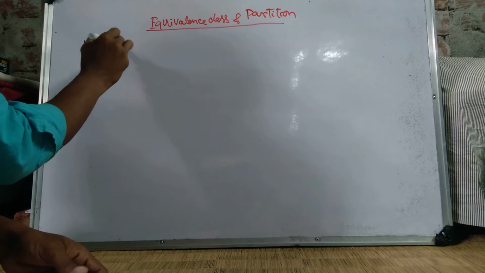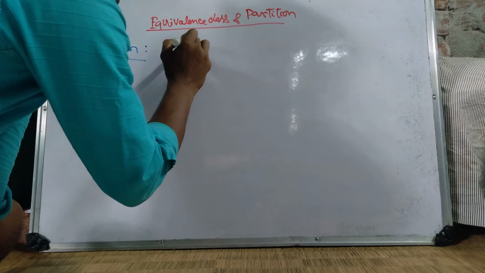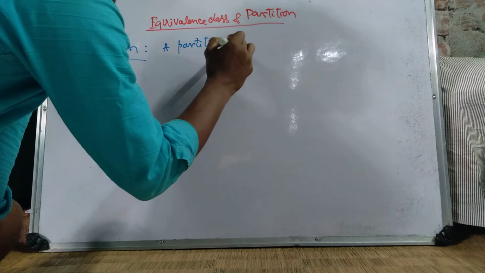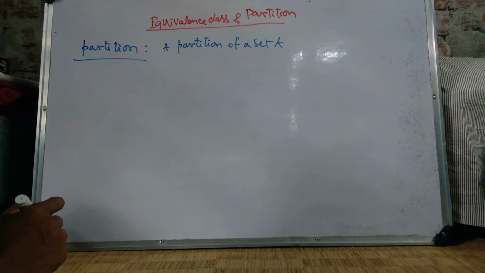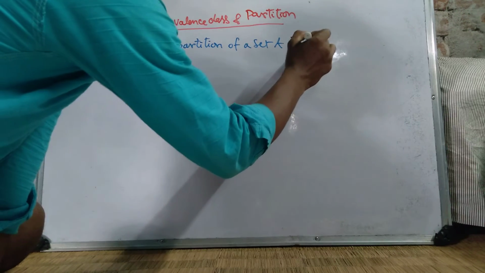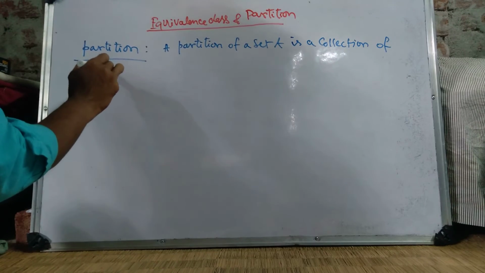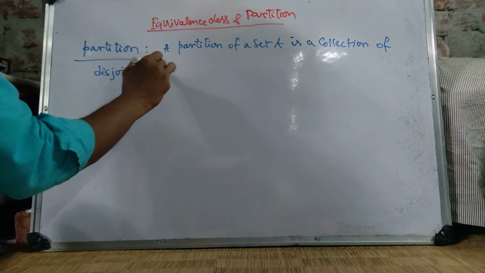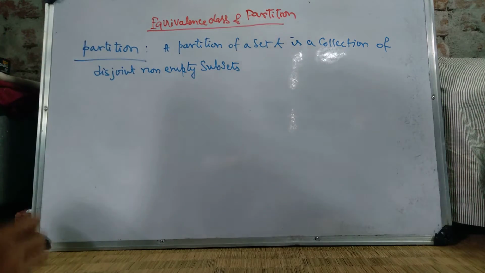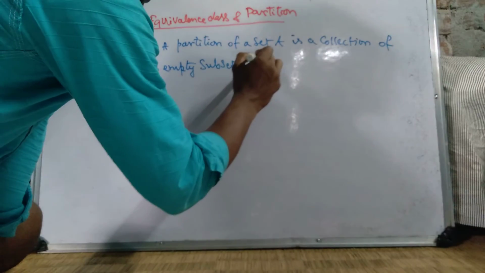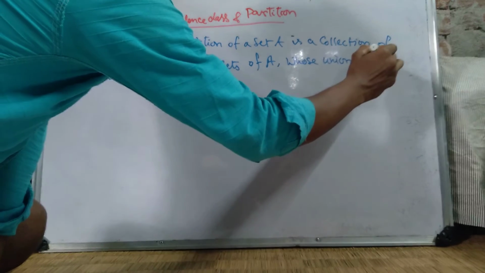Definition of partition: a partition of a set A is a collection of disjoint non-empty subsets of A whose union is equal to A.